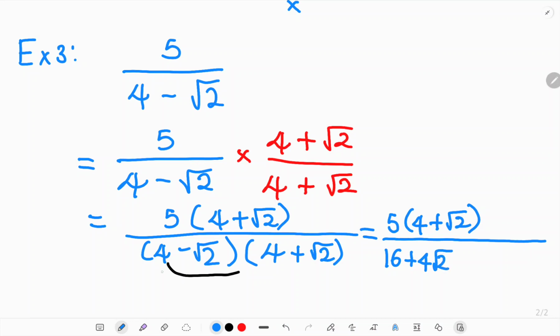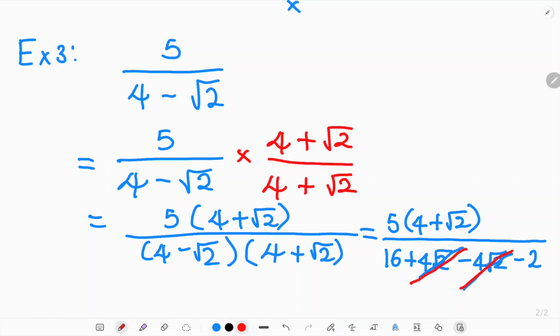And then you just need to know how to do this. So this is minus 4 root of 2. And then what is root of 2 times root of 2? This will be minus 2. Right. And one thing you'll note is that whenever you multiply by the conjugate, these two terms will always cancel out.